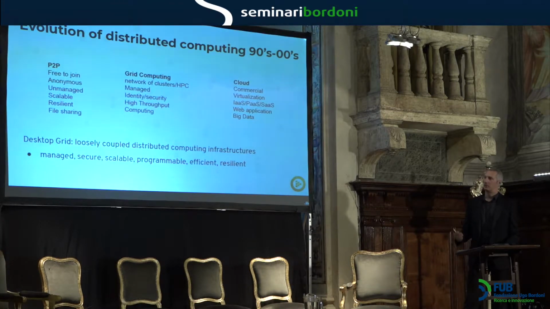The second way of doing distributed computing was grid computing. Grid computing was mostly used in the scientific area, in particular in Europe. Think about CERN, for instance. CERN is many labs in Europe and worldwide. And the idea here is to put together all their computing resources, so mostly supercomputers or high-performance computing centers, and to share those resources, to create a kind of federation.